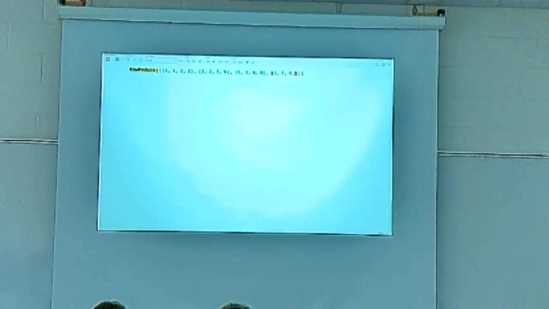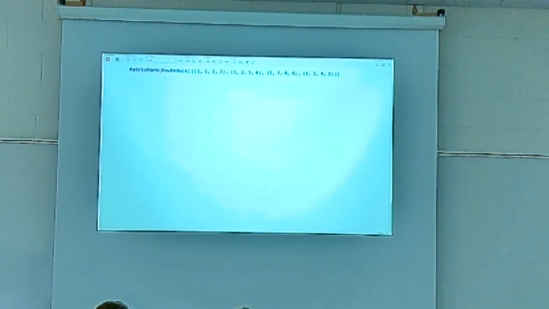Remember, that's how you set up a matrix in Mathematica. Braces around the entire thing, and then each row is its own set of braces. And to actually make sure the output's in matrix form, I could use the MatrixForm command.